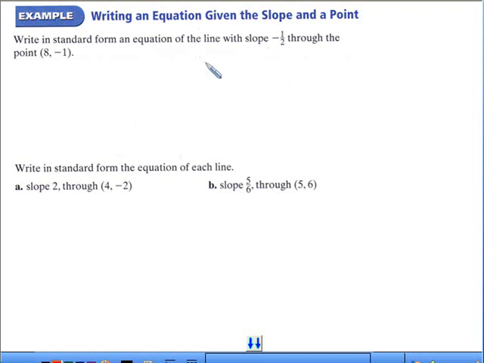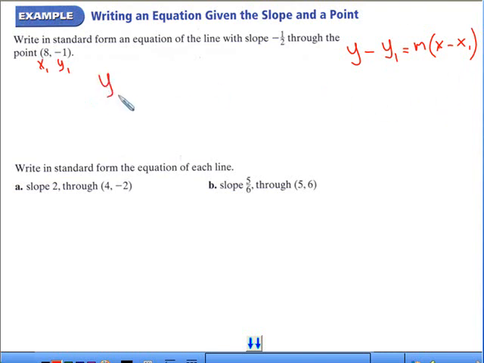Since we have the slope and a point, we're going to use point slope form. Remember, y minus y1 is equal to m times x minus x sub 1. So this is going to be our x sub 1 and y sub 1, and we're just going to plug it in this formula right here.